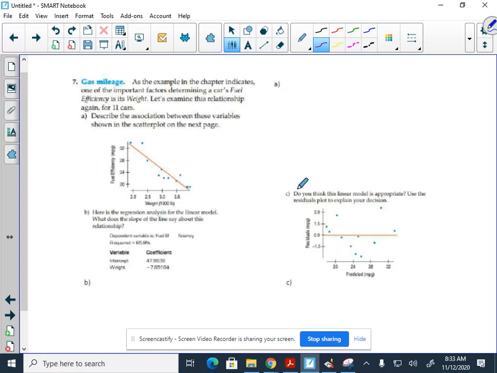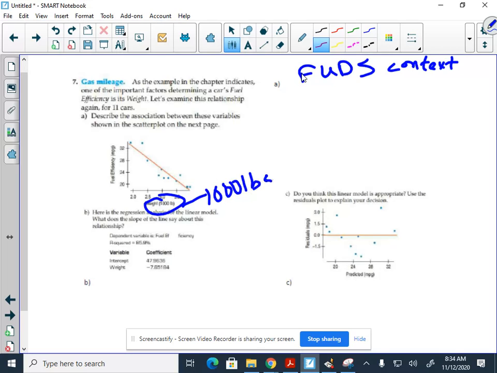7, part A, describe the association. If you're asked to describe an association, we haven't done that since chapter 6. FUDs in context. We have weight, but be careful here. It says weight in thousands of pounds.